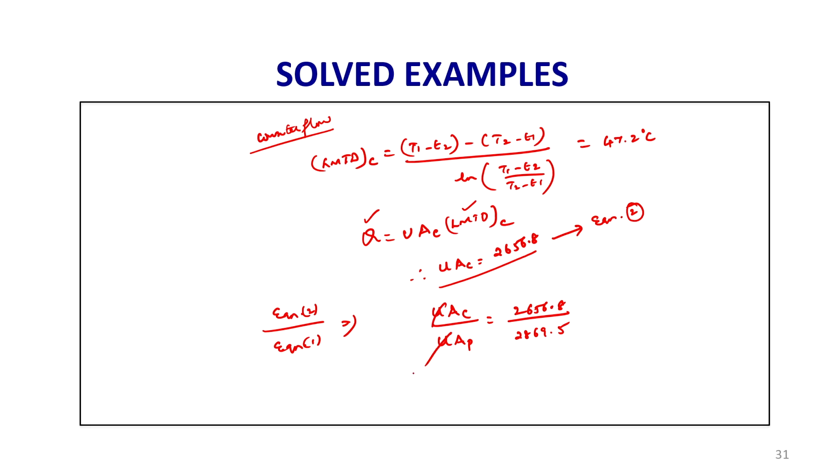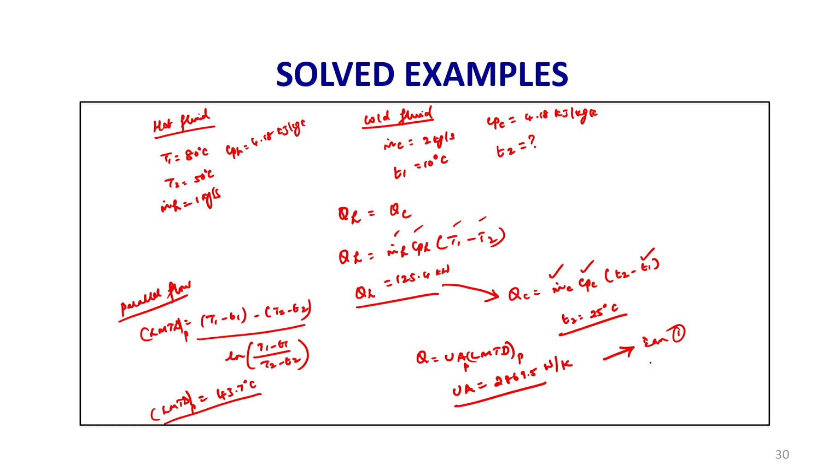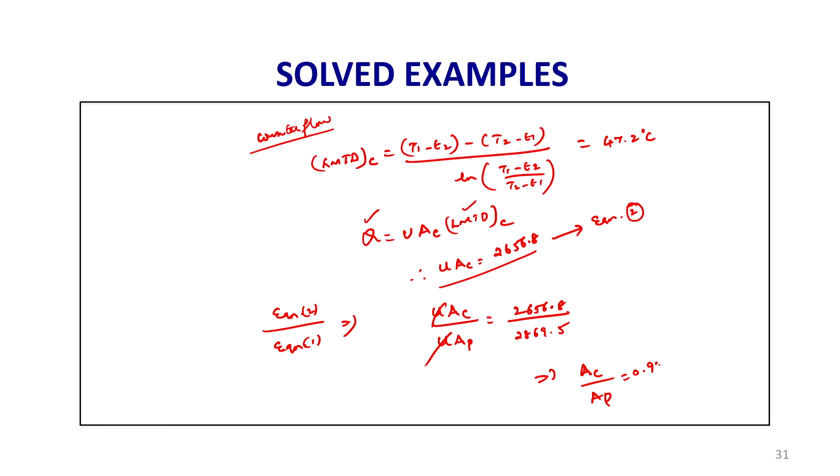U and U will get cancelled. So, if you calculate the counter flow area to the parallel flow area, it comes around 0.9. It is 0.92. So, this is the answer. So, let me conclude this one.